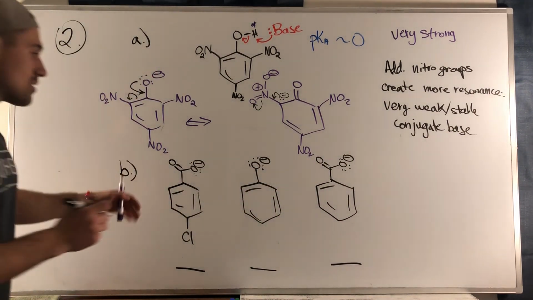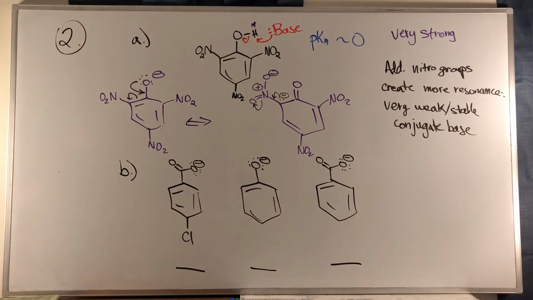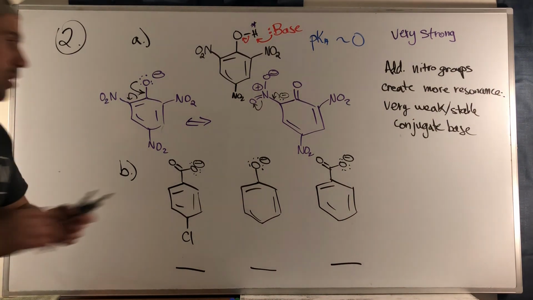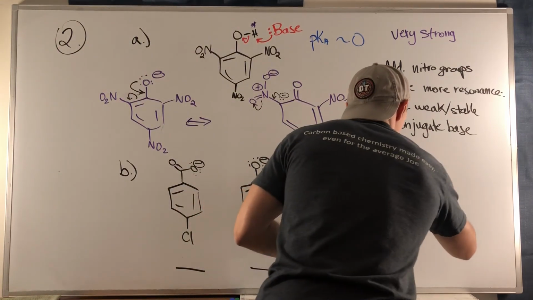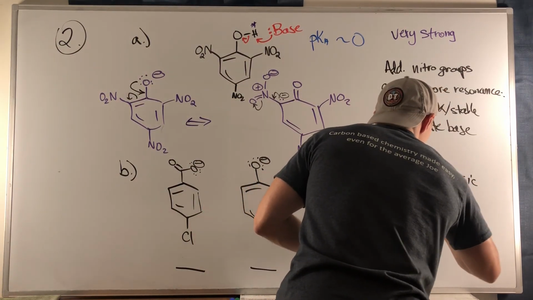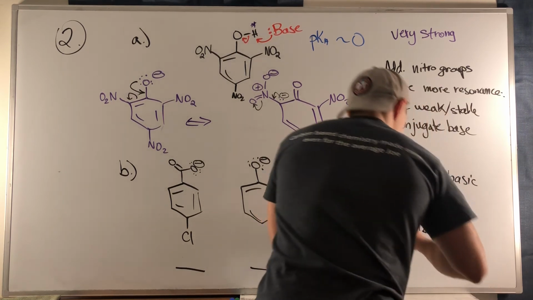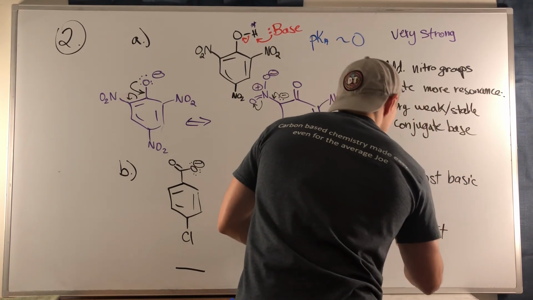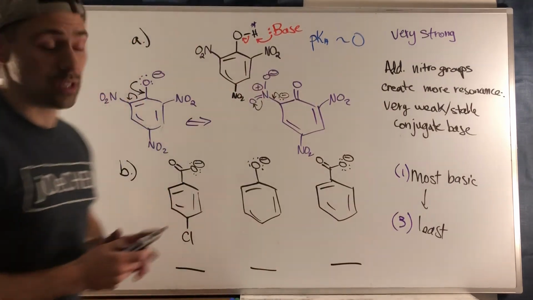We are now tasked with finding, and let me double check the verbiage here, we want the most basic structure. We want to rank these most basic to least. Most gets a 1, least gets a 3, okay?